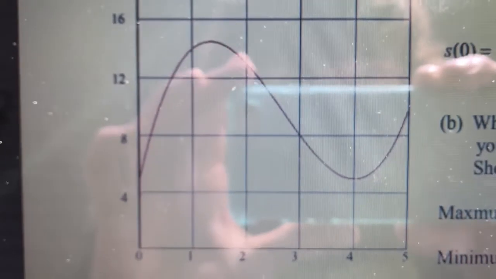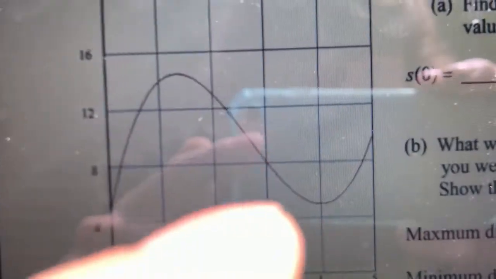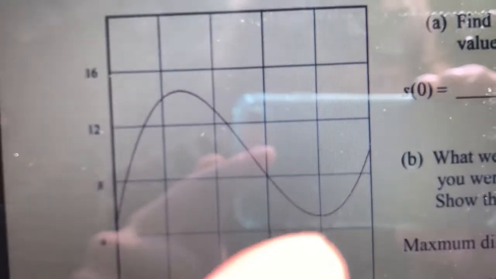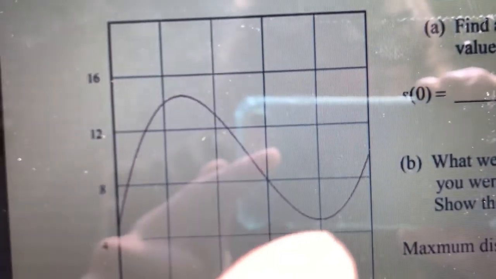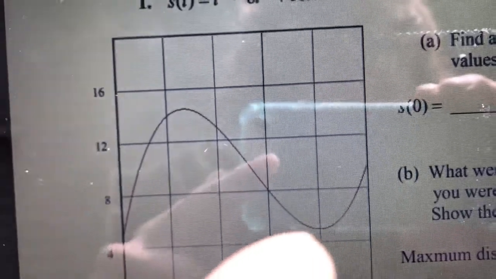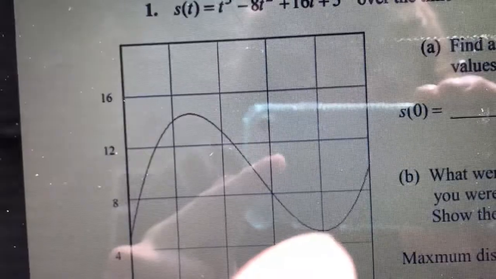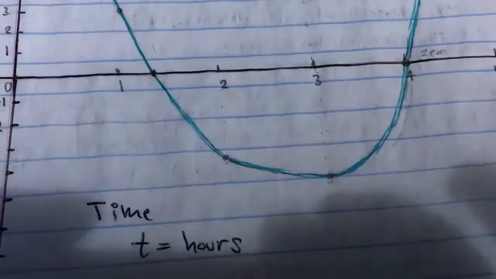And at that point, v of 3, our velocity begins to increase, or move back towards 0. It's negative here, but it's moving back towards 0. It's increasing, arrives at 0 at that horizontal line tangent to the vertex, and begins to increase in a positive direction, which corresponds to this.